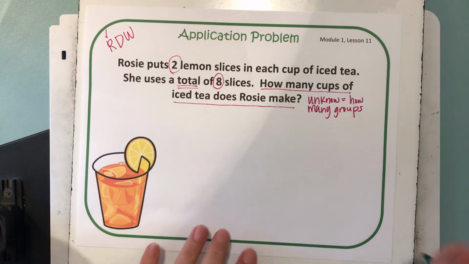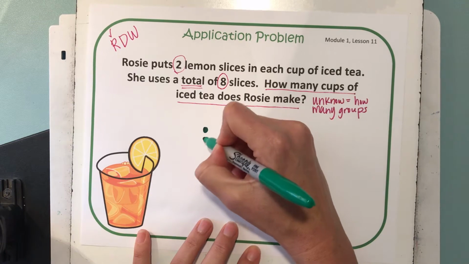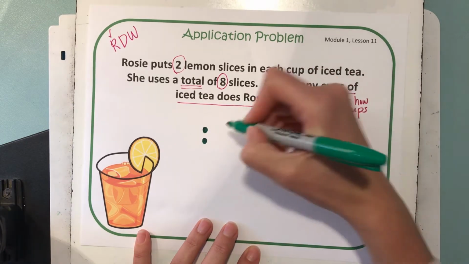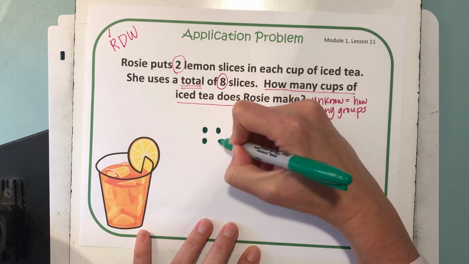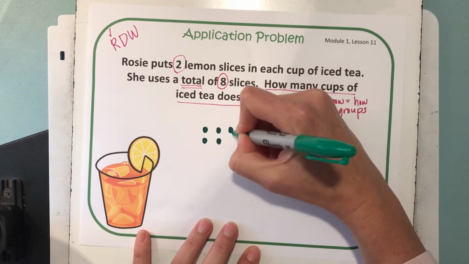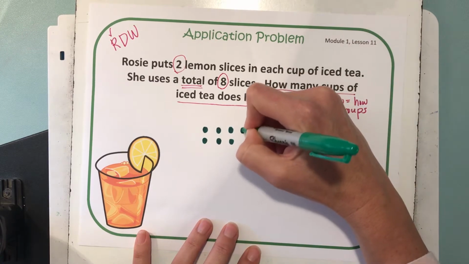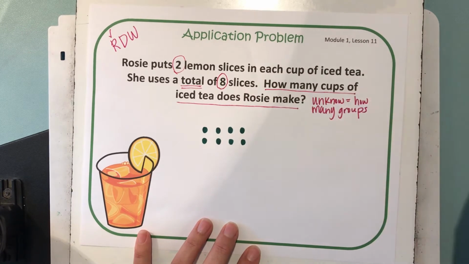Okay, so I have 2 in each cup. So I'm gonna actually do this. 1, 2, here's my first cup. 3, 4, there's my second cup. 5, 6, there's my third cup. 7, 8, there's my fourth cup.